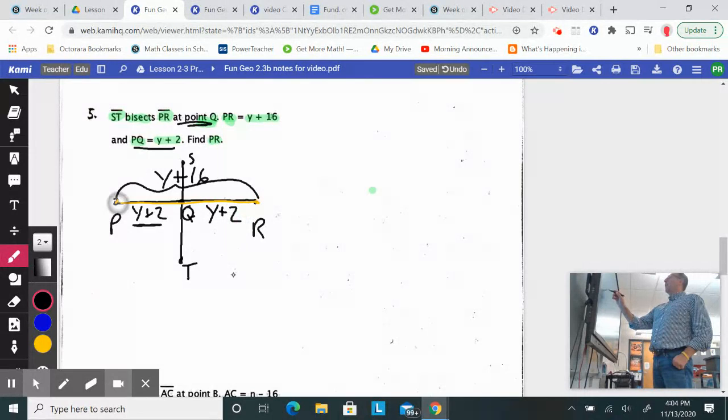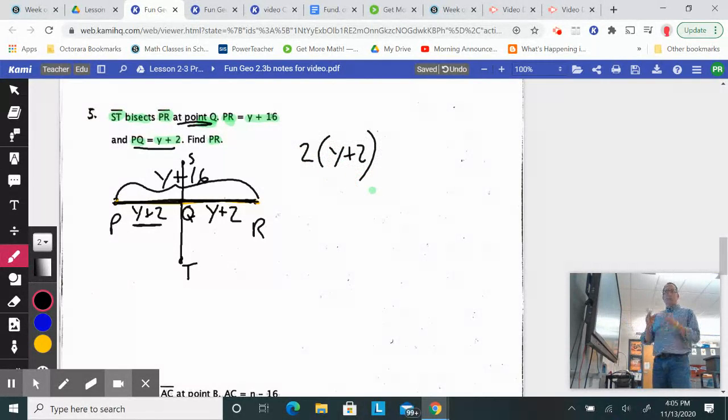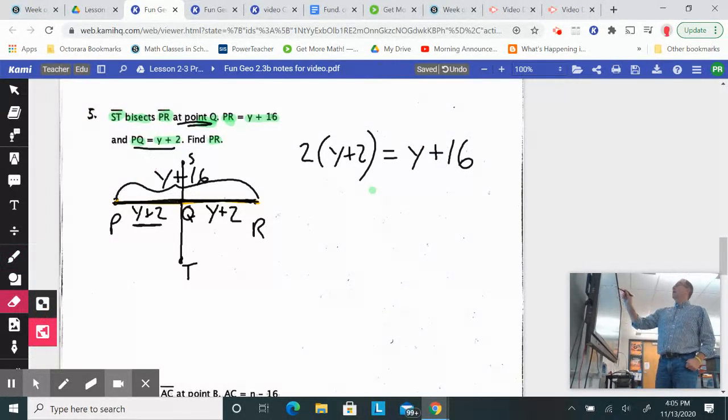And I know that if I add this distance plus this distance, it will give me the total distance. So all I need is Y plus 2 plus Y plus 2. Or like in algebra, we can say 2 times Y plus 2, because there's 2 of them. That has to equal the total distance of Y plus 16, which I got from right here. Okay, so keep that in mind. Now what we've got to do is solve this equation.